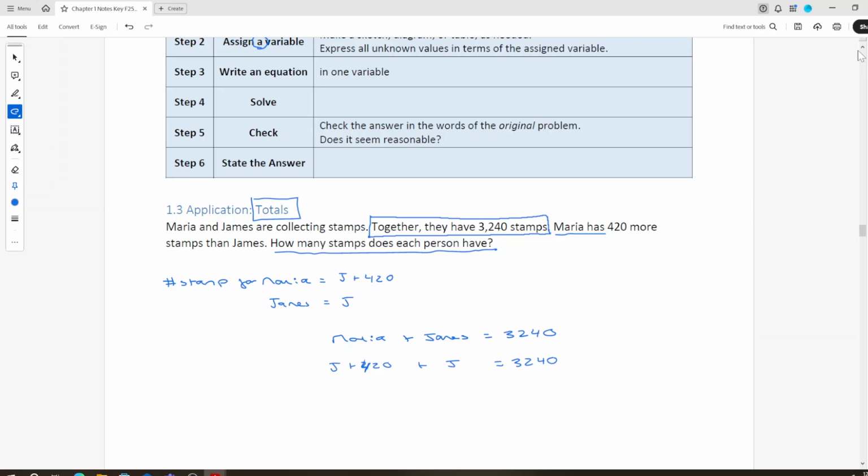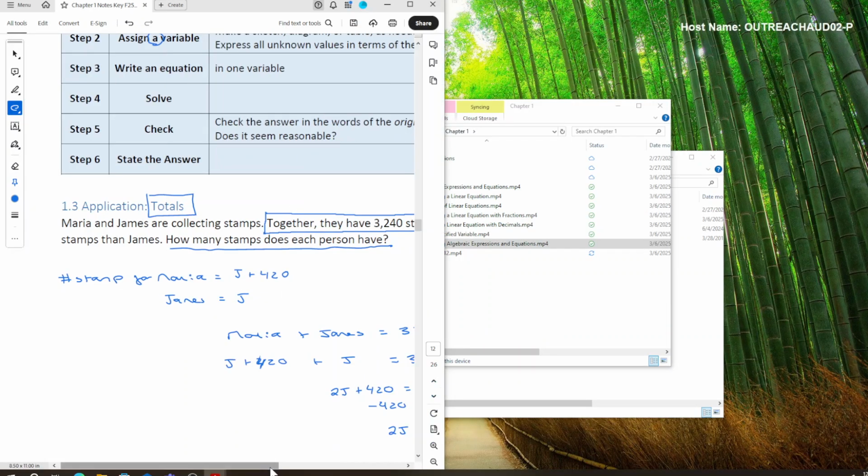To solve this, we're going to use the same way we've been solving every literal equation or every linear equation. Step number 1, simplify. I have 2j's plus 420 equal to 3,240. To get the j by itself, I have to get rid of this 420. I would end up with 2j is equal to, now because I'm making a video, I'm not going to try to do this in my head.